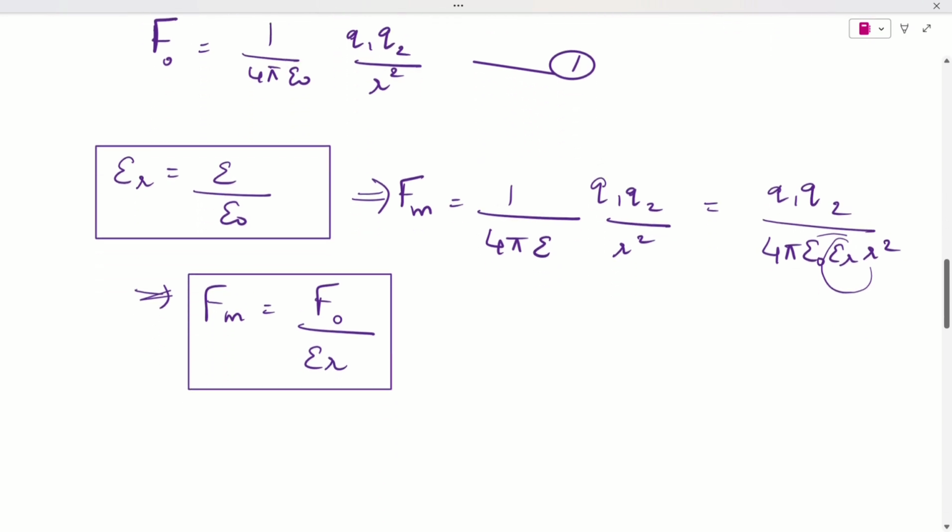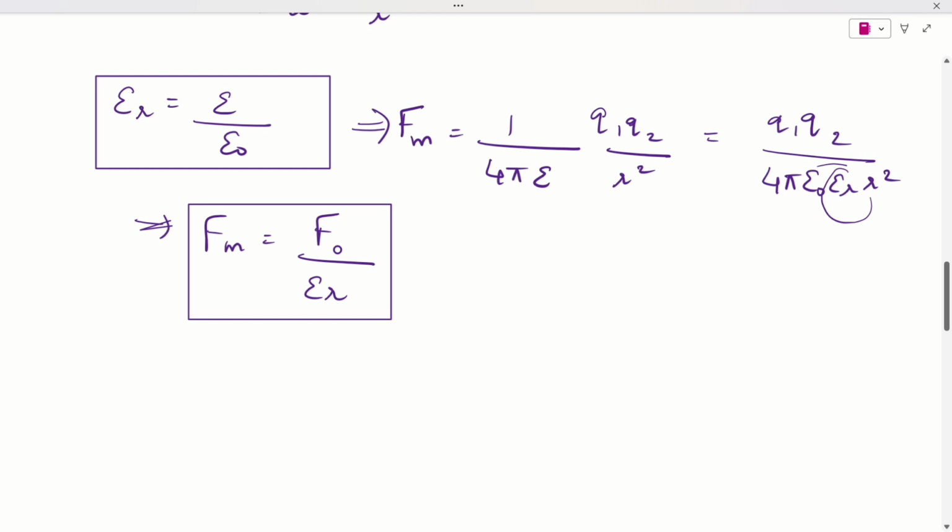So what does this term state? What does this term tell me?